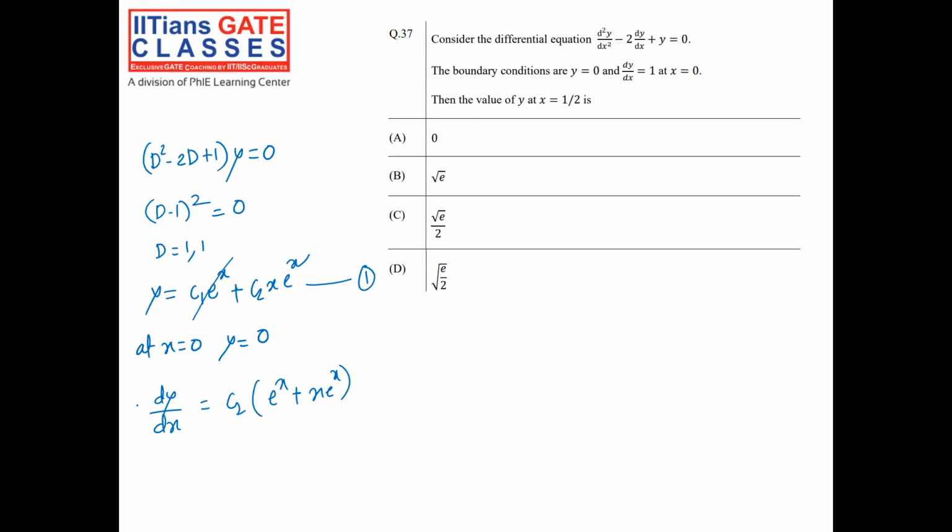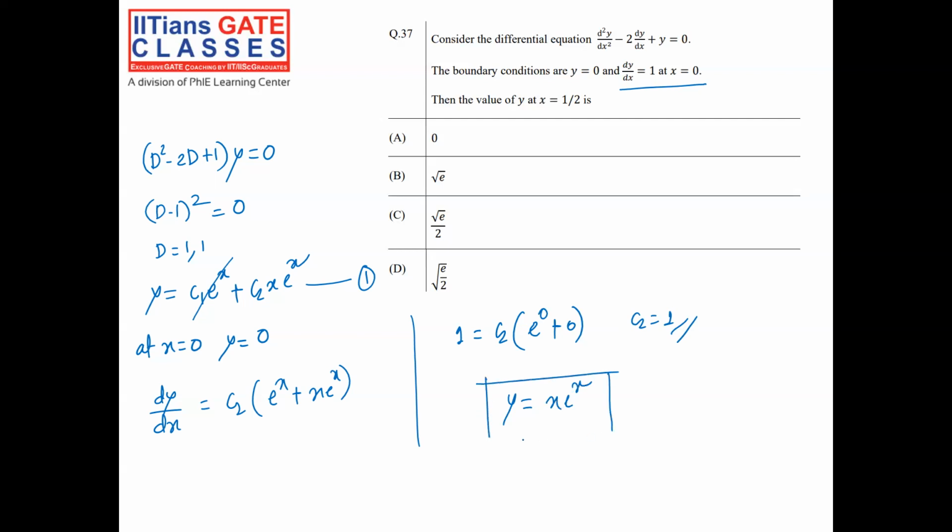Now, if you put the another condition at x is equal to 0, dy by dx is 1, what we get is 1 equal to C2 times e to the power 0 plus 0. E to the power 0 means 1, so C2 is equal to 1 we'll get. And now we can put it into the equation 1, and we can say y is equal to x e to the power x is the final solution of this differential equation.